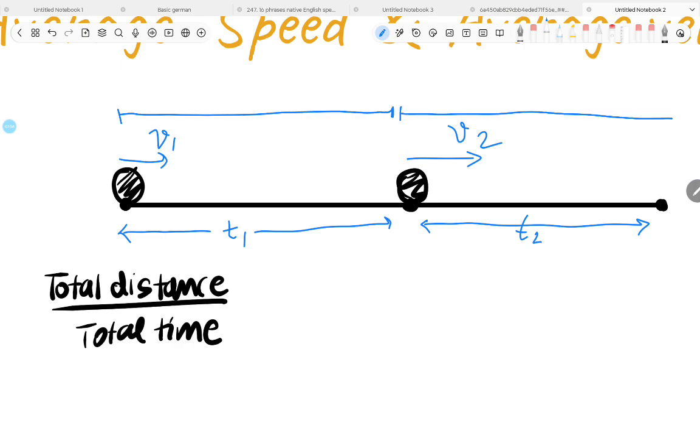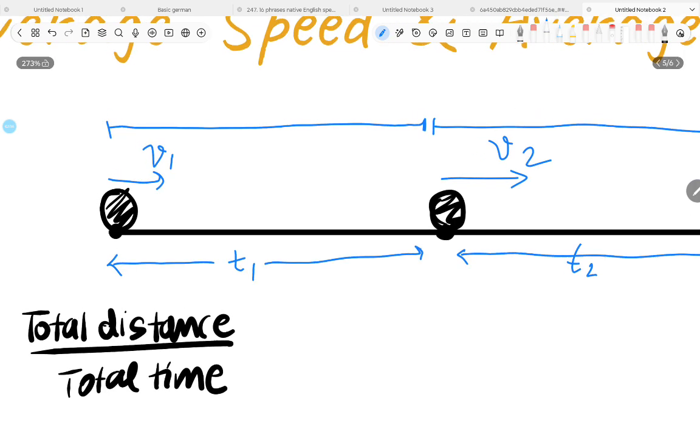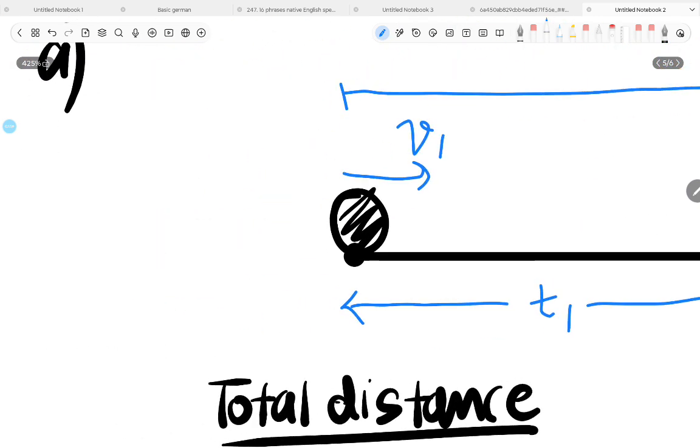I'm going to find the distance for this part, and then for this part separately. Your speed formula is distance upon time, so you can directly get distance. Is it v by t? No, it's not like that. We take this t over here, and it will be vt.